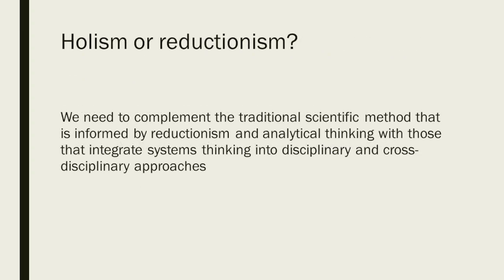So after these few slides, you might start thinking, do you use holism or reductionism when you deal with phenomena or societal problems? Well, the idea is to use both ways of thinking, and systems thinking should complement the existing dominant traditional scientific method that has been established for a long time. The traditional scientific method can't address our problems alone.